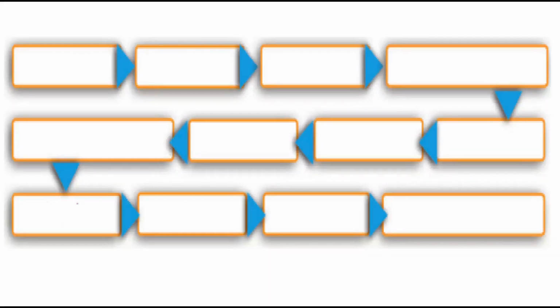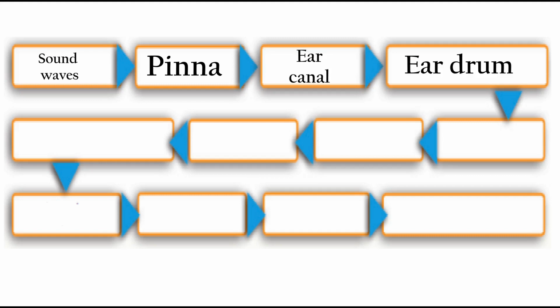Now let's have a look at the parts which are engaged in the process of hearing with the help of a flow chart. Here the sound waves are the stimulus. Sound waves reach the pinna. From there it moves to the ear canal. The ear canal passes the vibrations to the eardrum, which are received by the ear ossicles. The ear ossicles amplify and transmit the sound waves to the oval window.